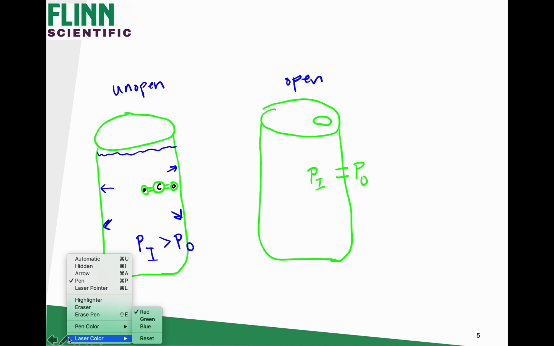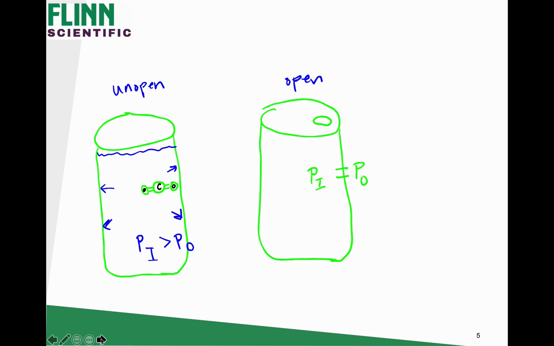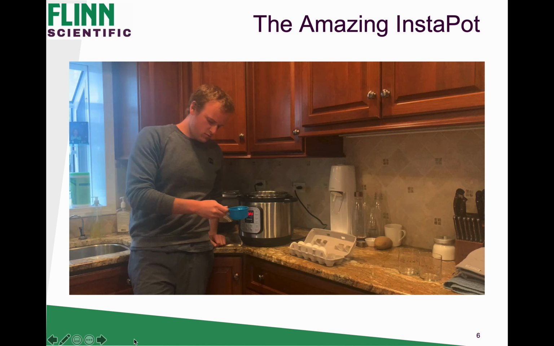All right, so moving on. All right, so here is the next video, the amazing Instapot. And for this one, your question that you are looking at is, how are you able to quickly hard-boil eggs in an Instapot versus trying to cook eggs on a stovetop?